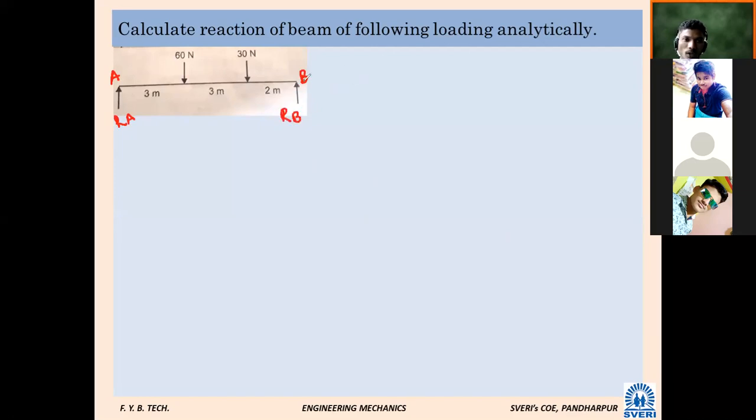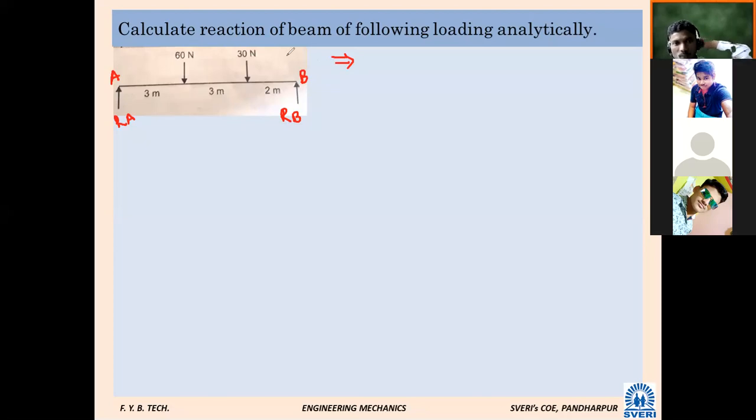In this problem, what is the type of load applied on the beam? Point load. There are three types of loads: point load, uniform distributed load UDL, and uniform varying load UVL.